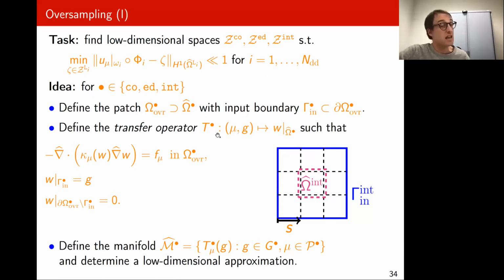We introduce a transfer operator which takes as input a local parameter value mu and the boundary condition G defined here, and returns the solution to this problem restricted to the domain of interest. And then we define what we call the oversampling manifold in this way.